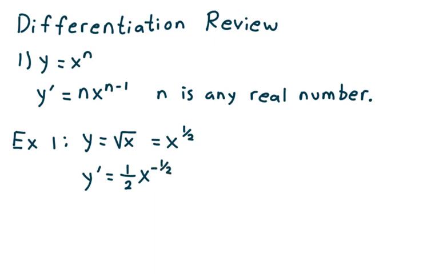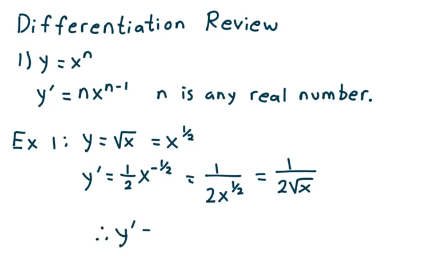Remember that 1/2 minus 1 is negative 1/2. And this is equal to 1 over 2x to the 1/2. But remember that x to the 1/2 is the square root of x. So we can write this as 1 over 2 times the square root of x. And so therefore, y prime is 1 over 2 times the square root of x.